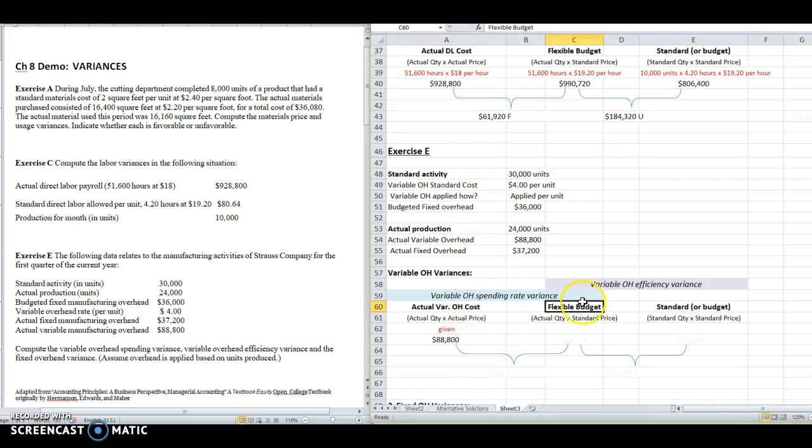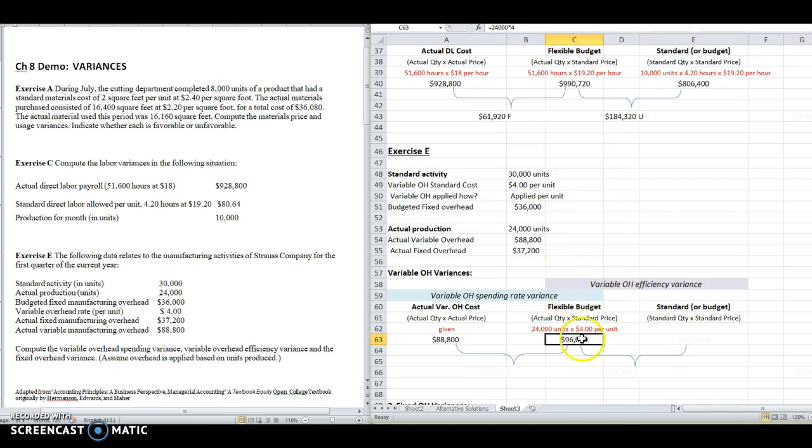For my flexible budget, it wants my actual quantity at the standard price. My actual quantity, because this is applied per unit, is going to be my actual units produced. So we had 24,000 units, and my standard is $4 per unit.